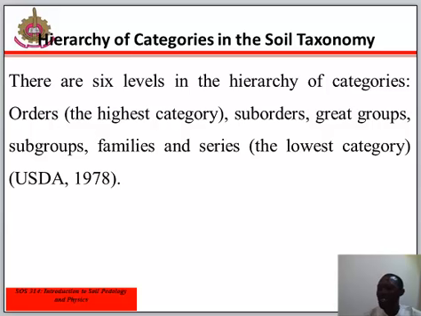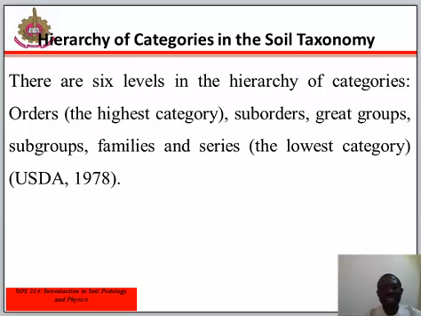There are 47 suborders within the 10 orders. The names of the suborder consist of 2 syllables. The first connotes the diagnostic properties, while the second is the formative element from the soil order name.